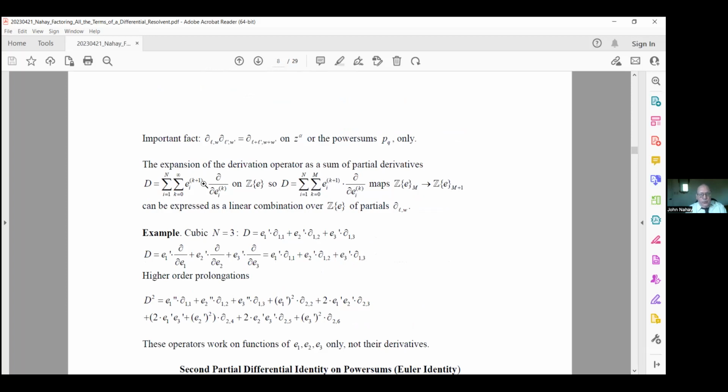On the general differential ring, you technically have infinitely many derivations, but on just the derivatives up through nth degree, it looks like this. And so the point is that the derivation can be expressed as a linear combination over the base differential ring of the partials LW.